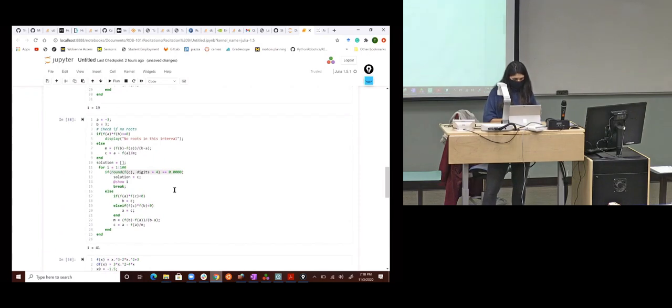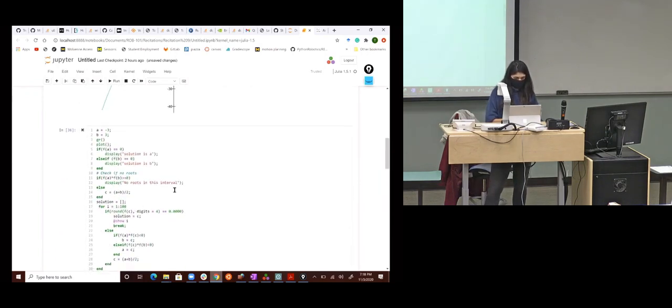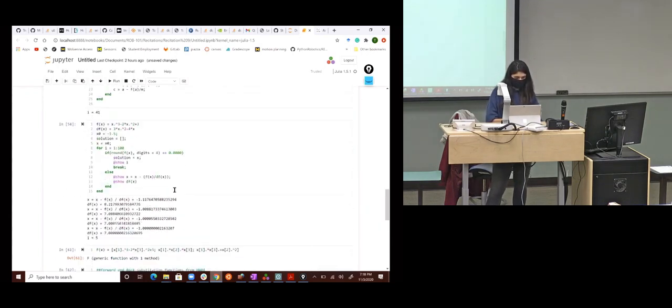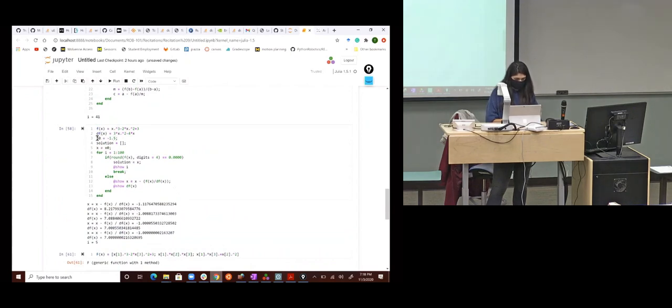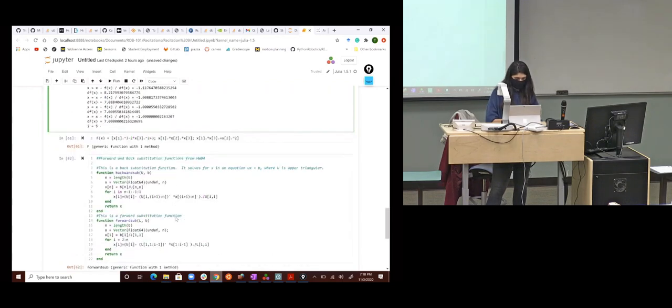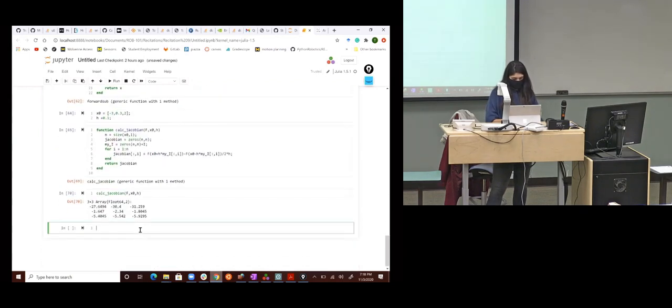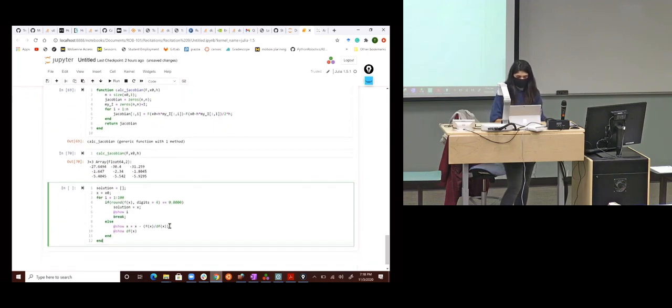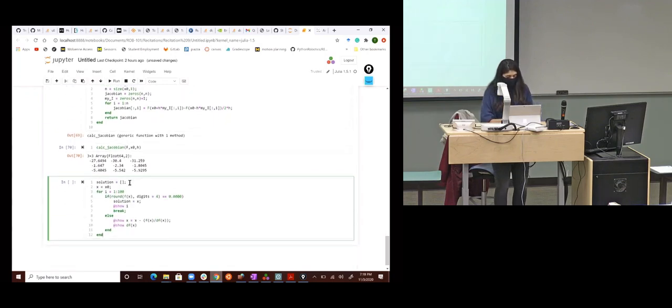Let's copy our code from the Newton's method, which was this one right here. You have an x naught, and you don't have a solution yet. And we had x equals x naught.